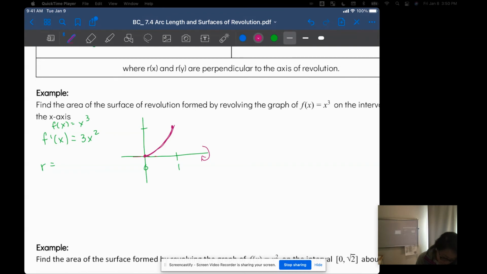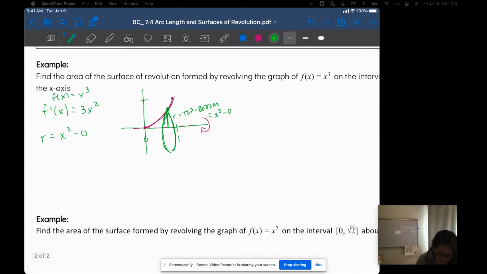So I'm going to take this point and revolve it around the x-axis. So the distance from the curve to the x-axis is going to be my r. That would just be the top curve minus the bottom curve, which in this case is x cubed minus 0. Okay, so r is equal to x cubed minus 0.